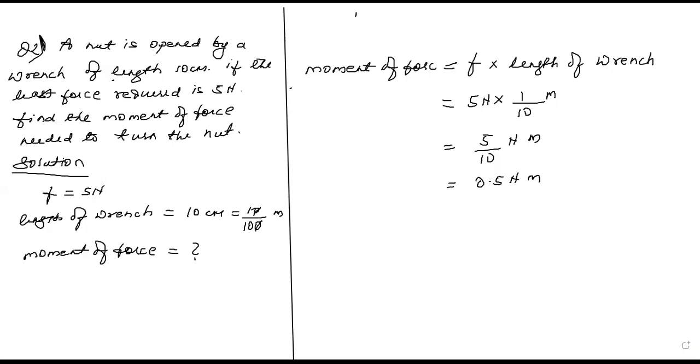I told my students, I will always write the answer the way it is given in the question. They have asked in the question the moment of force needed to turn the nut.